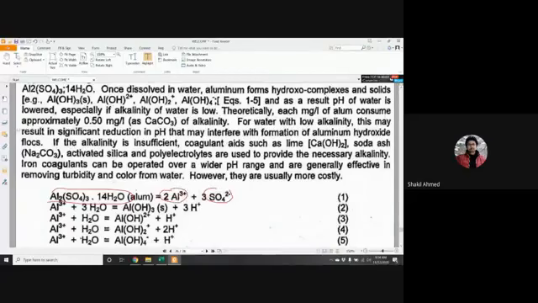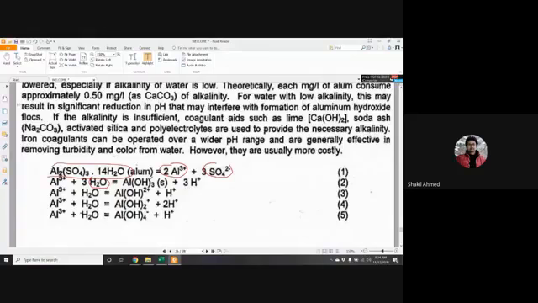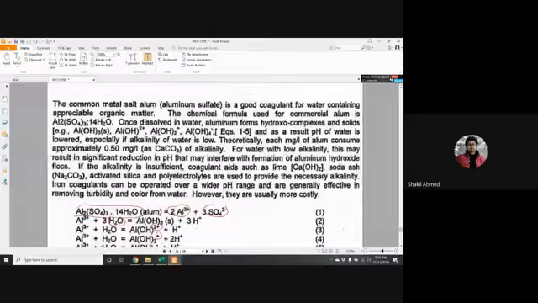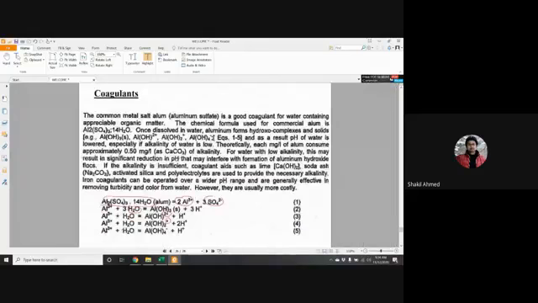Add this in water, it produces aluminium ion and sulfate ion. And this aluminium ion, reacting with water, produces some positive ion species. For example, this. See, there is an ion with them, right? Attached like this. Now, what do these ions do?